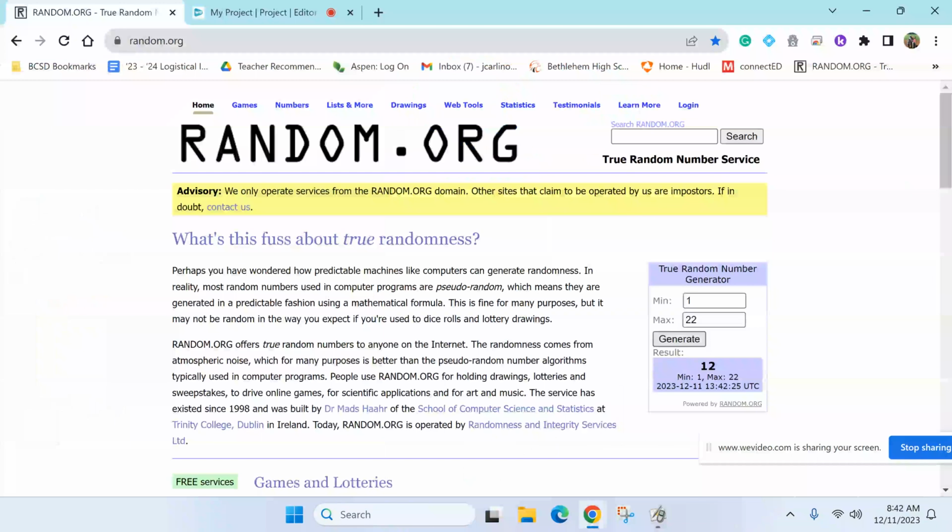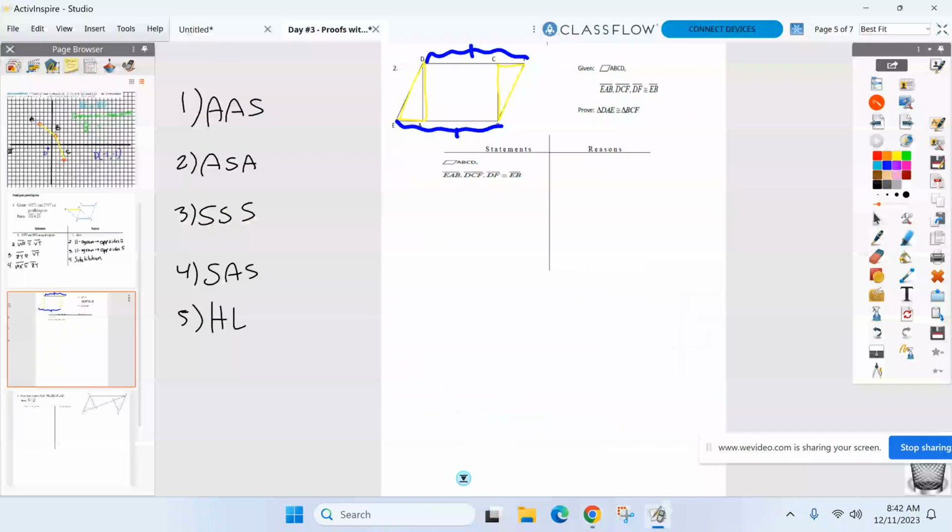Give me a pair of sides or angles in those triangles you know are automatically congruent. Here we go. Finley. There we go. DA and CB. Boom. Those have to be congruent because that's a parallelogram. DA is congruent to CB.